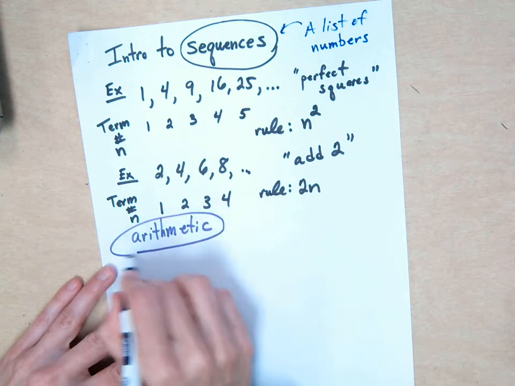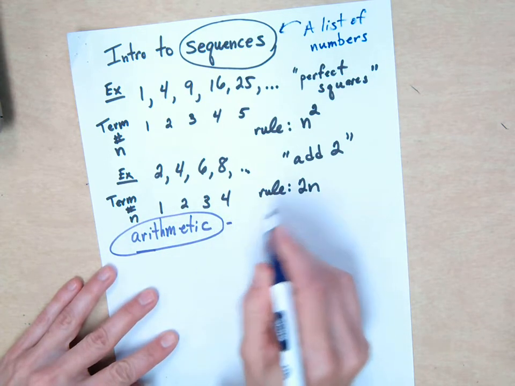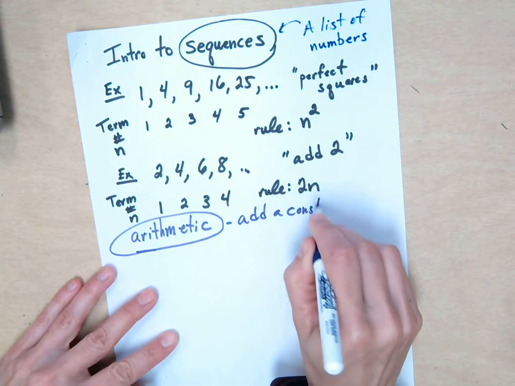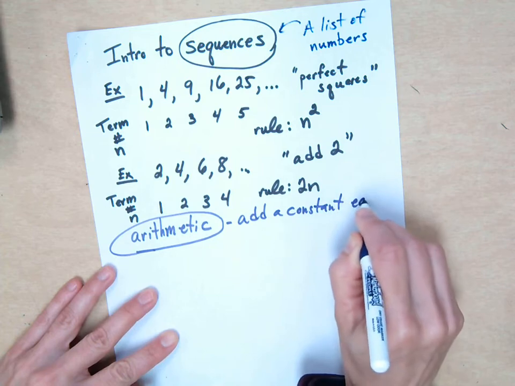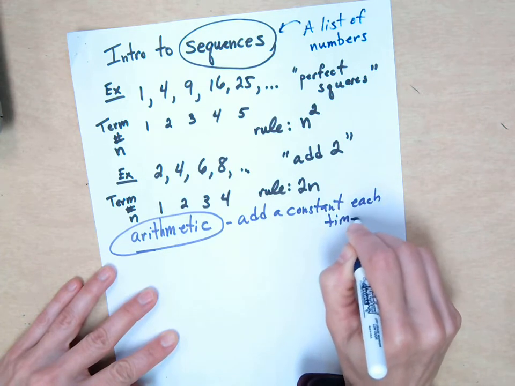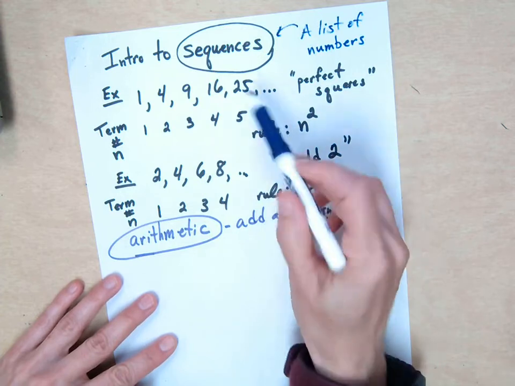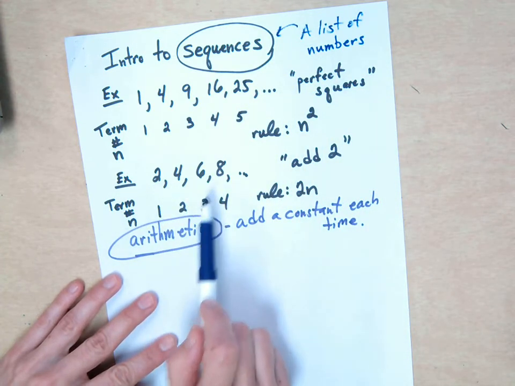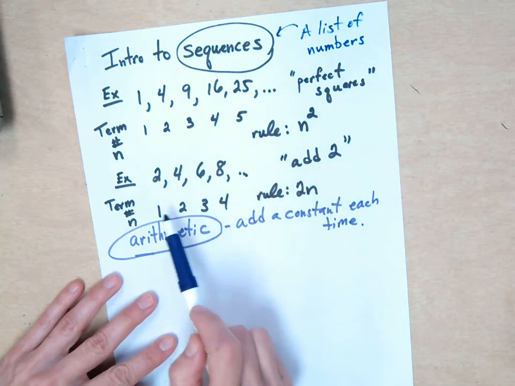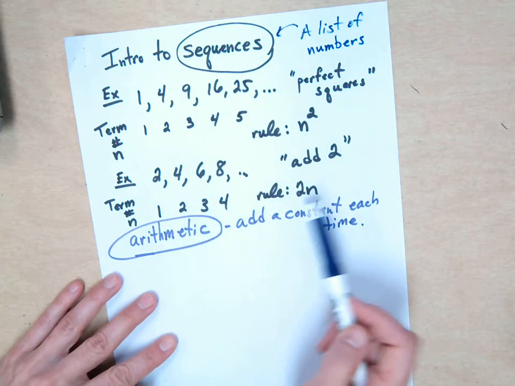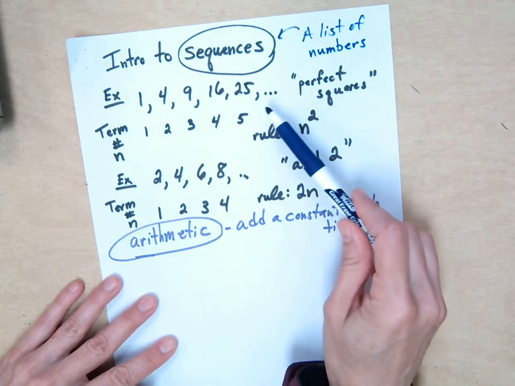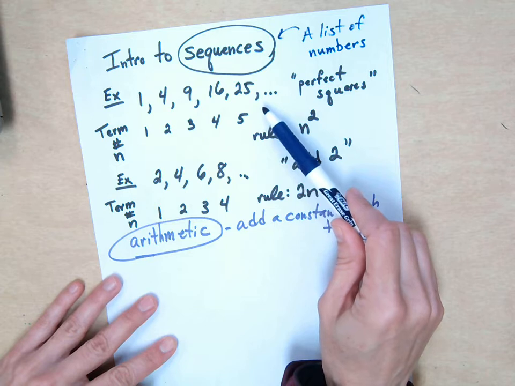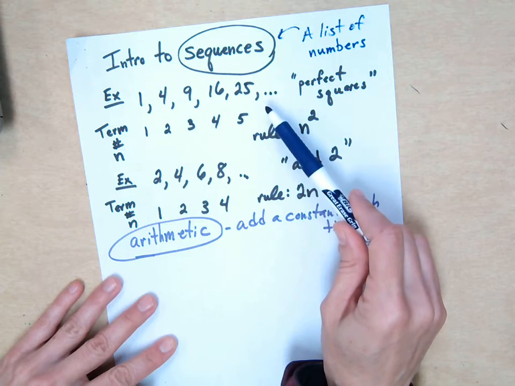That's a very important vocabulary word: arithmetic, if you add a constant each time. So this example, 2, 4, 6, 8, is an arithmetic sequence because you're adding 2 each time. This other example is still a sequence, and it does have a pattern. However, it would not be considered an arithmetic sequence.